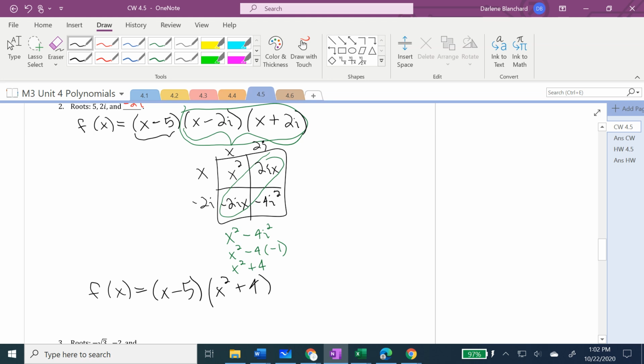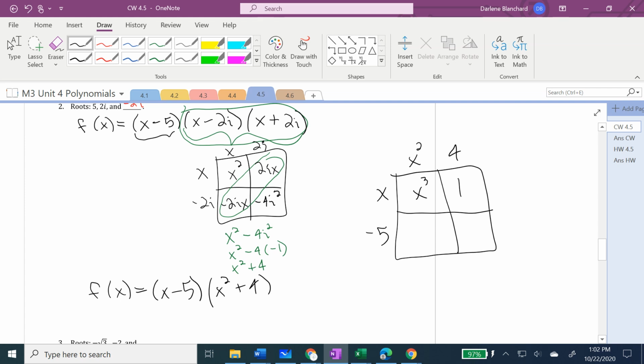Then you'll go through multiplication again with x minus 5 times x squared plus 4. And multiplying, we get x cubed. Multiplying here, we get 4x. Multiplying, we get negative 5x squared. And multiplying, we get negative 20. So finally, we get, add like terms only, x cubed minus 5x squared plus 4x minus 20.